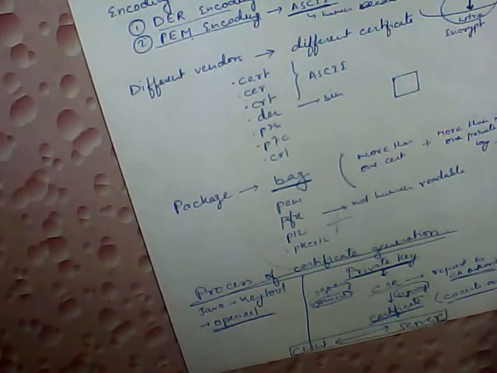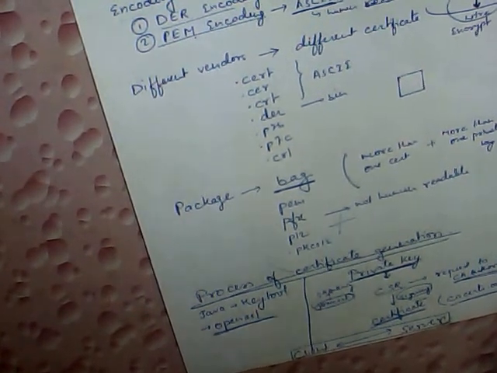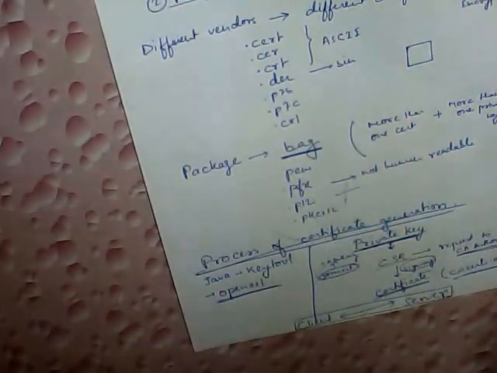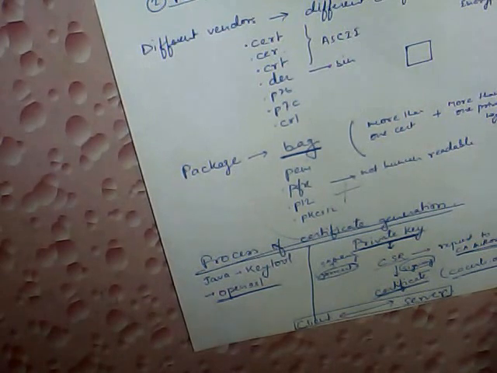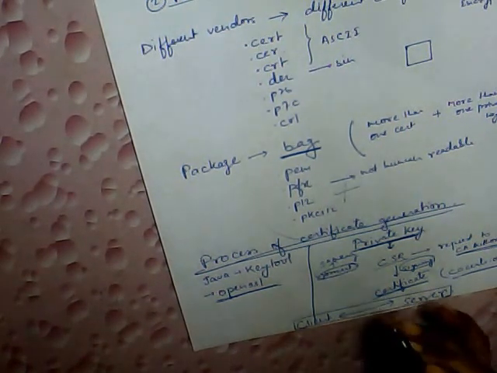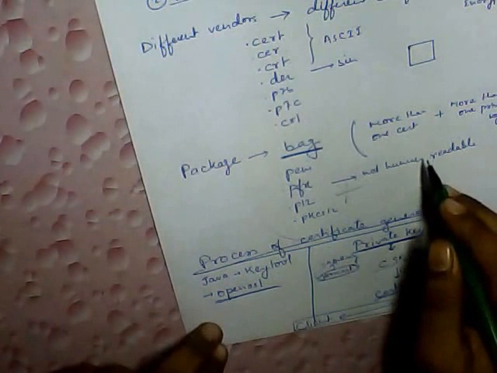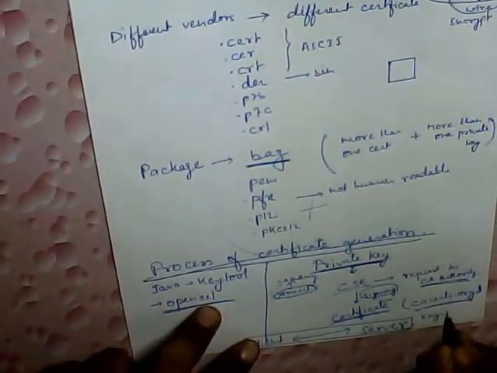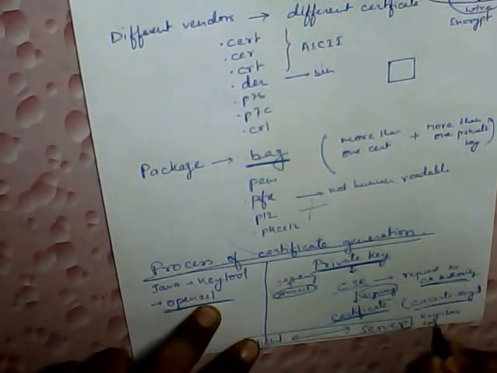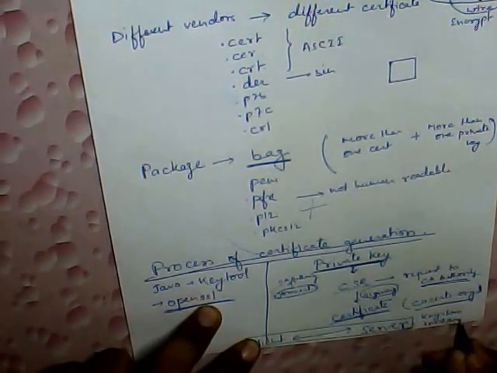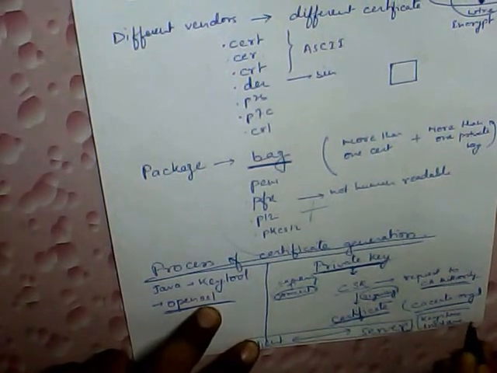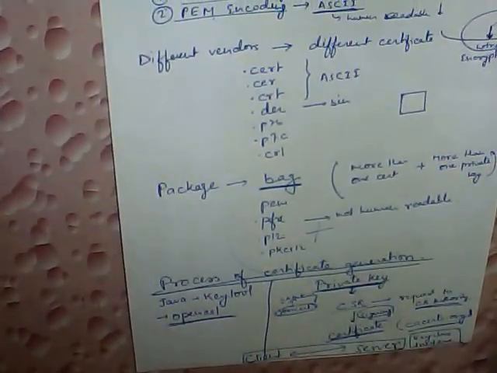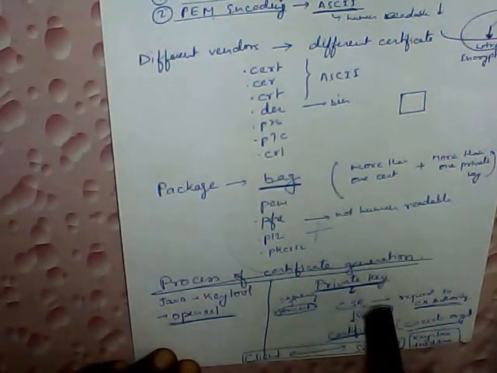These are all different certificate types, but they are all certificates, and a simple certificate is usually converted from one to another. A package is a bag that consists of many certificates and many private keys. Here we also have the concept of key store and trust store, which we will cover in our next video.